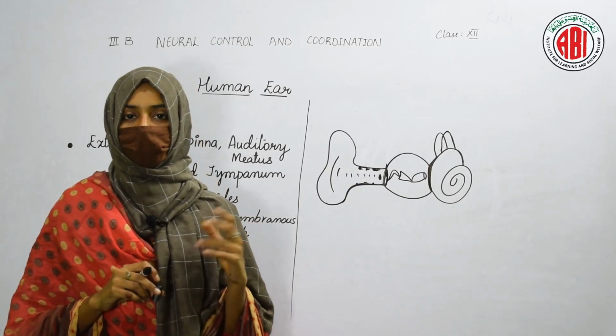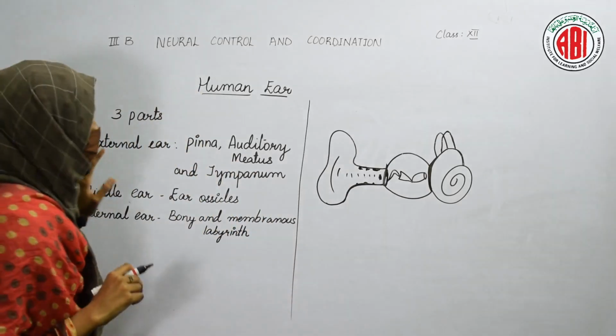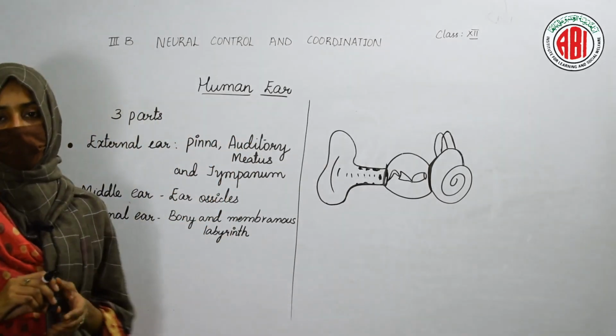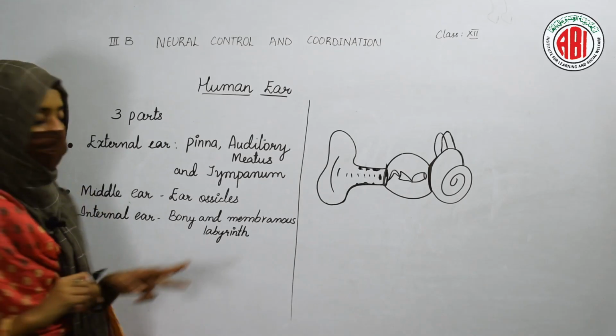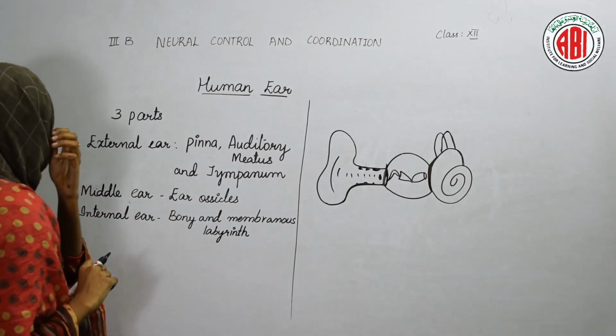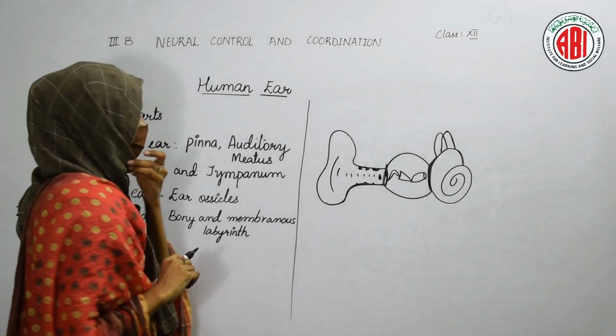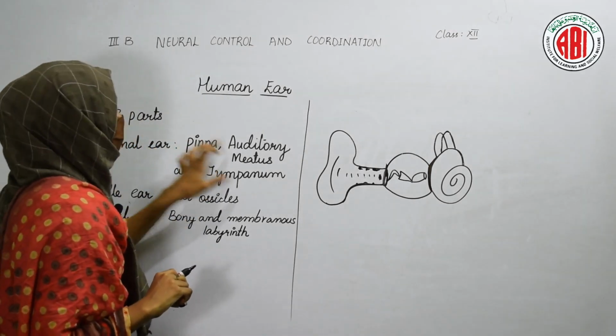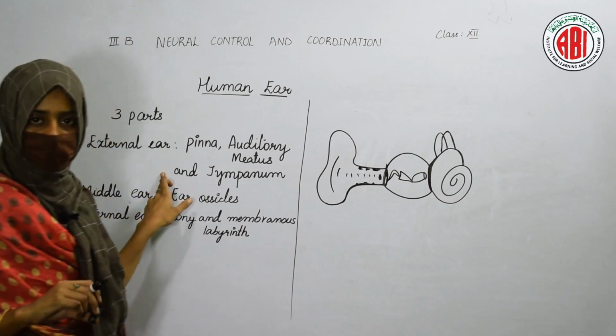Now let us move to the other sense organ of a human body, that is the human ear. The human ear is divided into 3 main parts: external ear, middle ear and internal ear. External ear shows different parts like pinna, auditory meatus and tympanum.